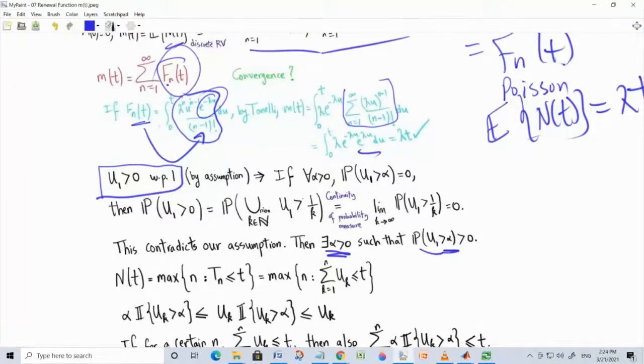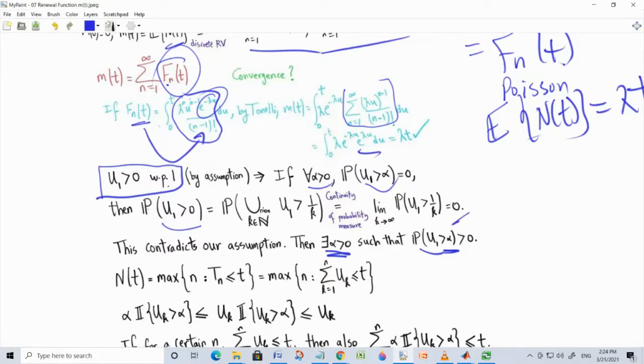By contradiction, you challenge this. You say, no, for every positive alpha, the probability that U1 is greater than alpha is equal to 0. But if you assume this, then you can use continuity of probability to show that the probability that U1 is strictly positive is 0.